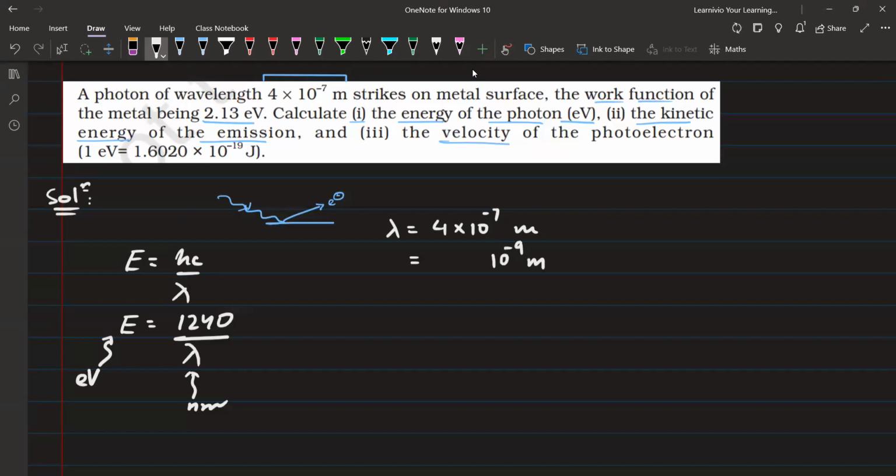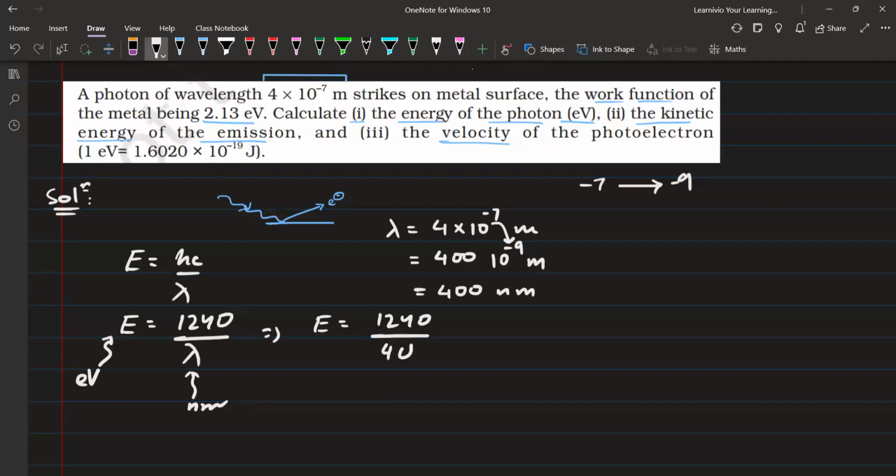So what I have done here, tell me, minus 7 to minus 9, is it an increase or decrease? Decrease. How much? Two times, right? Correct? So if I am decreasing here, I have to increase the number, and this will become 400 nanometers. Now I can write that energy is equal to 1240 divided by 400, in electron volts.